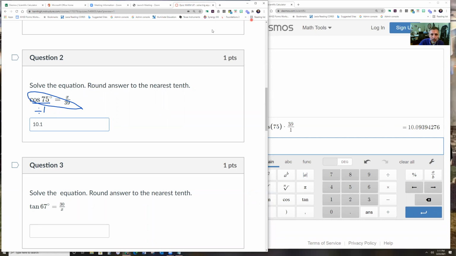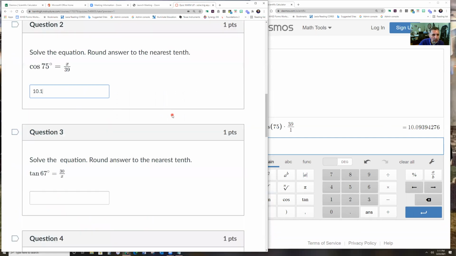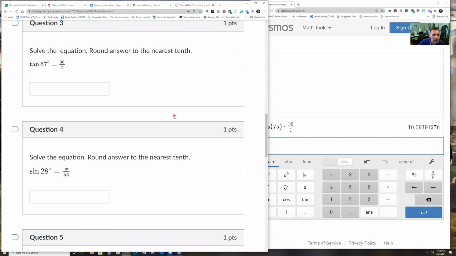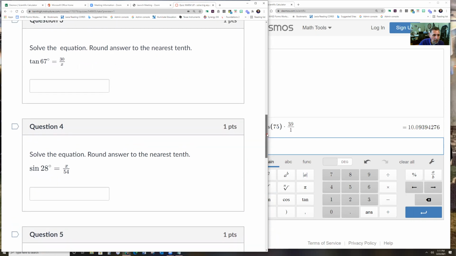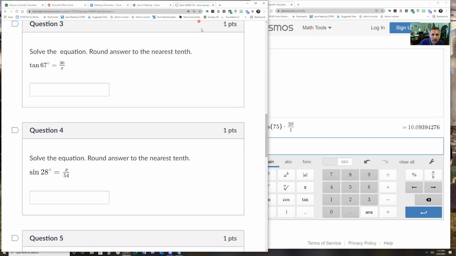So let's move on to the next one. If you look at the next one, actually, you know what, let me lower it so we can see both of these. So I'm about to do 3 and 4 together. Okay. So then again, put a 1 under here and then cross multiply. So we grab 2 numbers. We want to leave the x on the outside and then we divide by those 2.